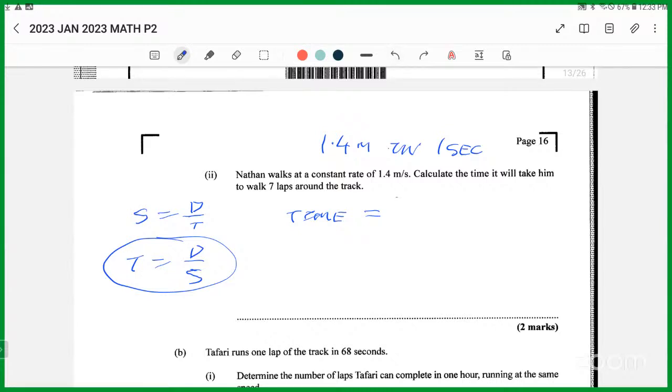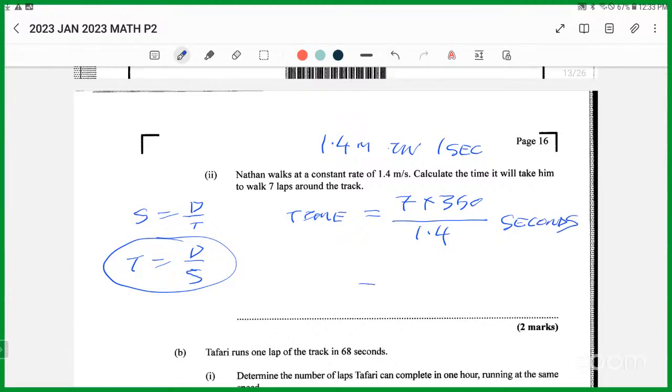So the distance is 7 times 350 meters, divided by the speed of 1.4. When you get this answer, it's going to be in seconds. The distance is in meters, the speed is in meters per second, so the time is in seconds.